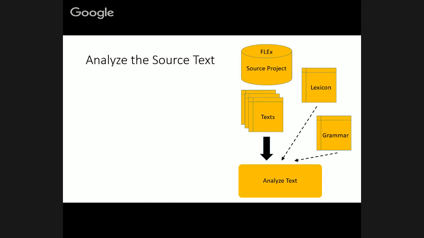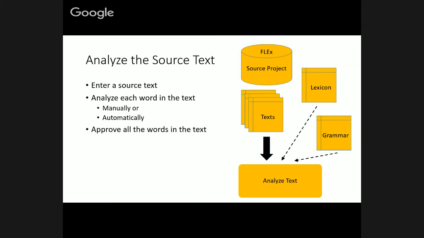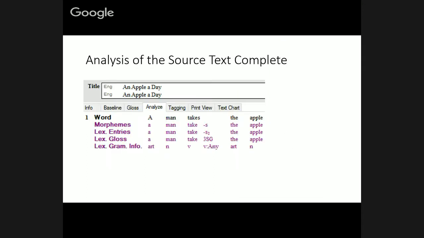Analyzing the source text is the first part, and you can either do it manually or automatically. This is all done in Flex. If you're familiar with the interlinear view in Flex at all, you can approve all the words, and that's a necessary step. This is what it looks like after you've approved all the words in your text.